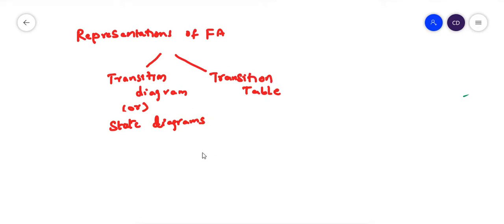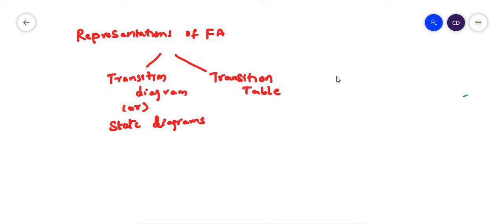Now you can represent your finite state machine, which is nothing but the 5 tuples: the number of states, initial state, final state, the transition function, and the input symbols. You can give all these things in your table representation. That is said to be a transition table.